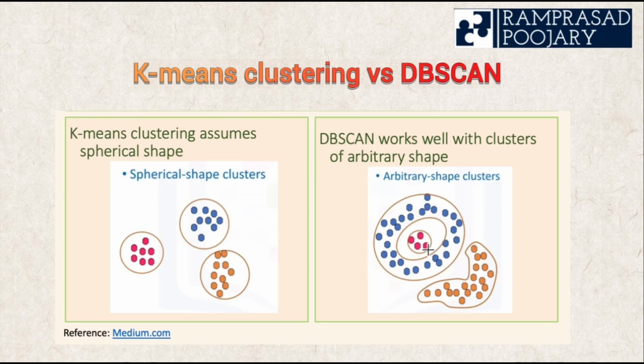If we have a data point distribution of this kind, then k-means clustering may fail. But DBSCAN works well even when you have an arbitrary shape. So in the practical session, we will create a data set of data points which are distributed in this fashion, and we will see how this can be grouped into different clusters.